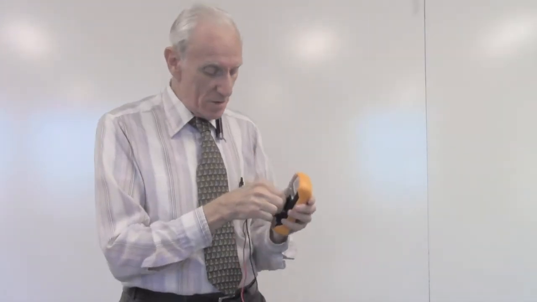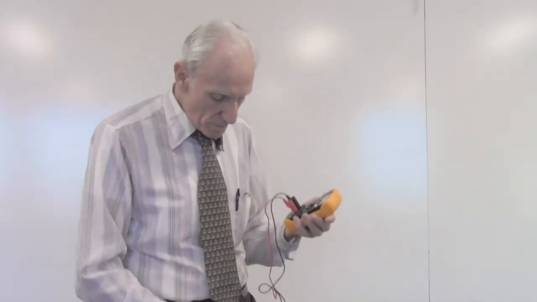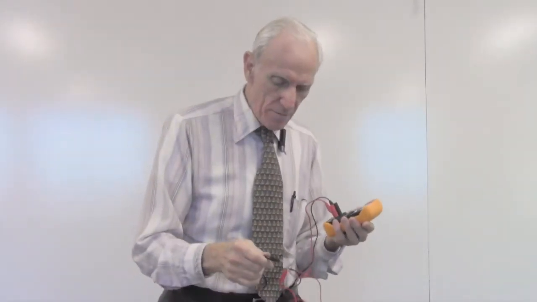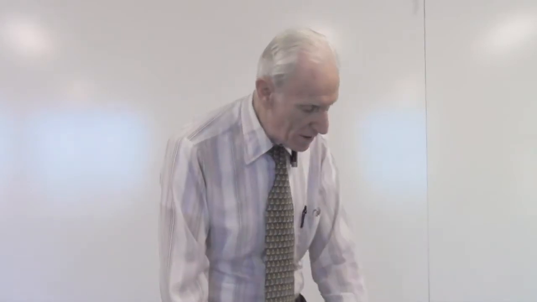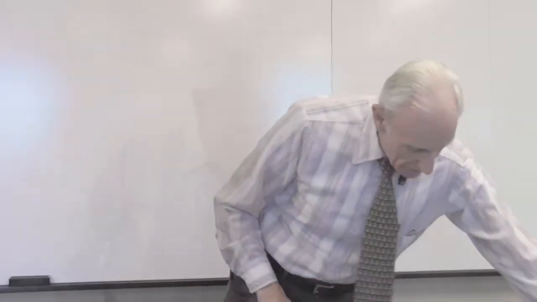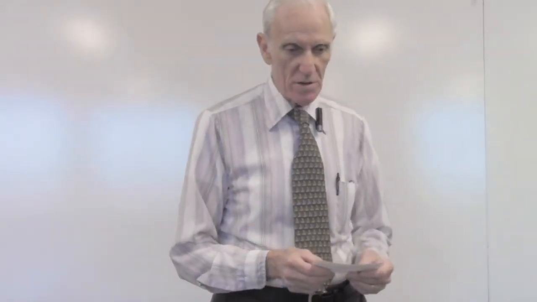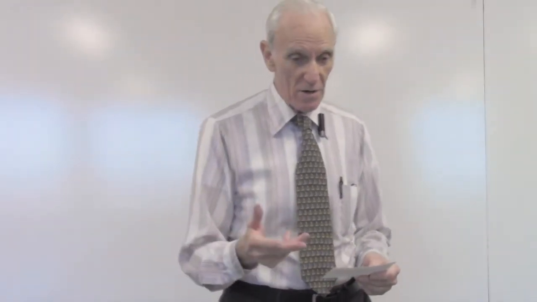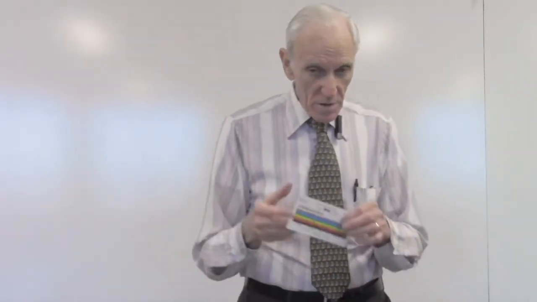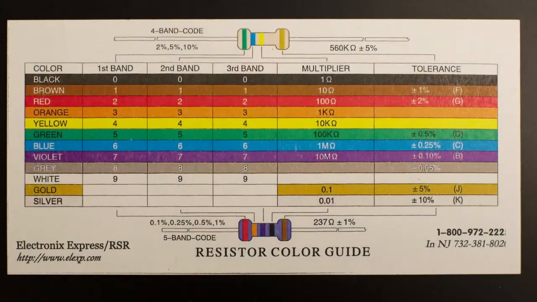Okay. So I have in here a 470 ohm resistor. Resistors are kind of interesting. They have a color code. This resistor has 4 color bands: yellow, purple, brown, and gold. If you look at this little sheet, which you probably have available when you need it, it will tell you that yellow is 4, purple is 7, brown is times 1, so it's 4, 7 times 10 to the first power, that's 470.